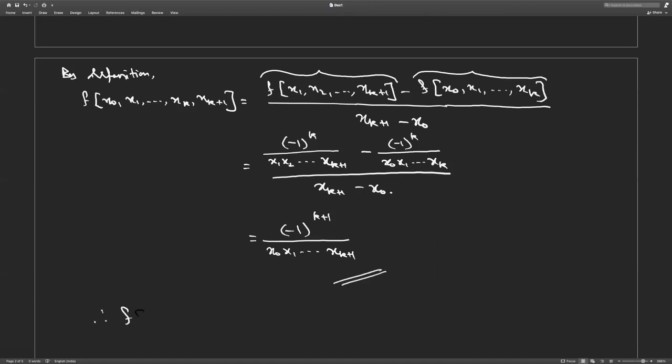Therefore, f of x0, x1 up to xn is given by minus 1 to the power of n divided by x0, x1 up to xn. So that's the answer.